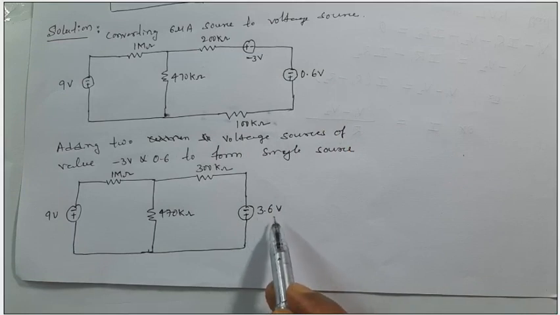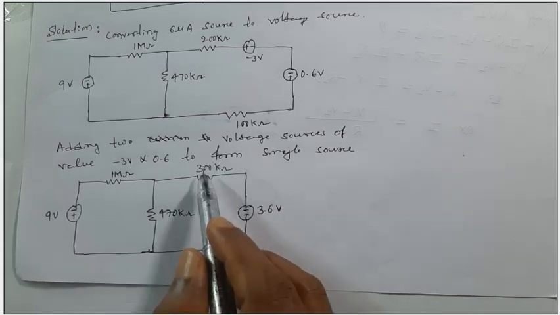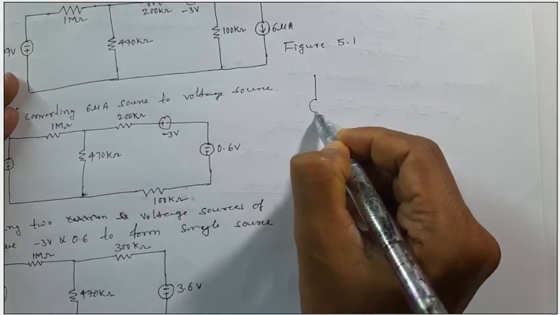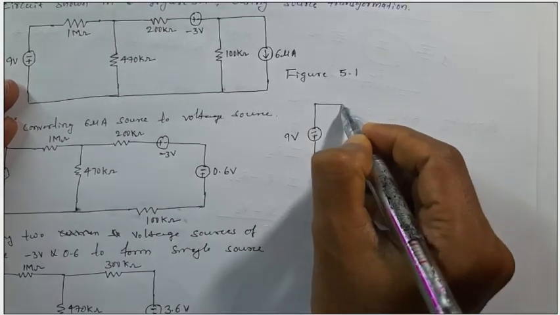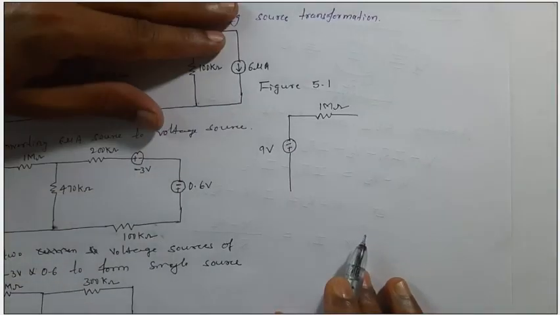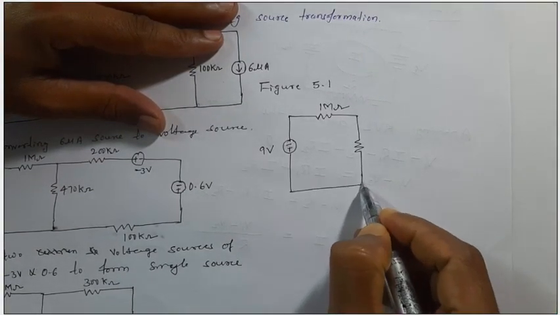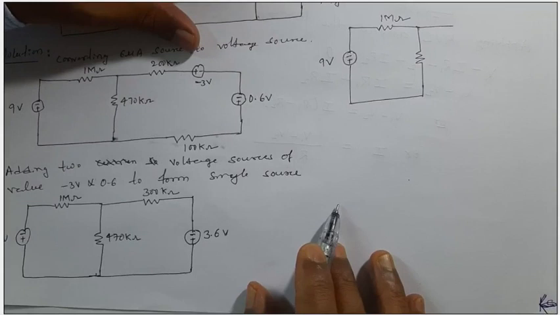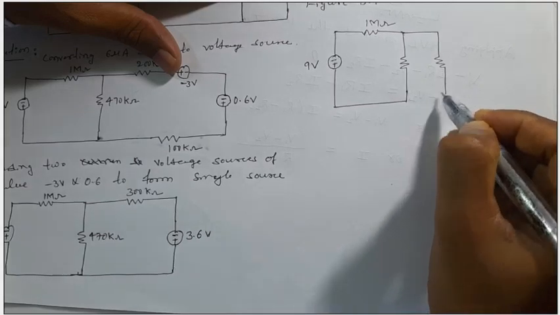Now this 3.6 volts is in series with the 300 kilo ohm resistor, which we can convert to a current source. Here I will draw, dear students, minus plus, this is 9 volt and 1 mega ohm I will draw as it is, this is 1 mega ohm, right, and 470 is in parallel, right, and here this 300 kilo ohm, when we convert the 3.6 to a current source, 300 kilo ohm will come in parallel.